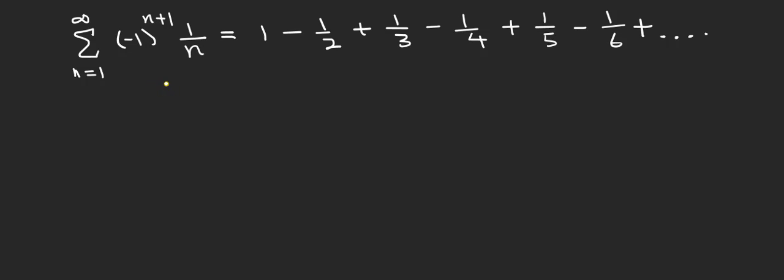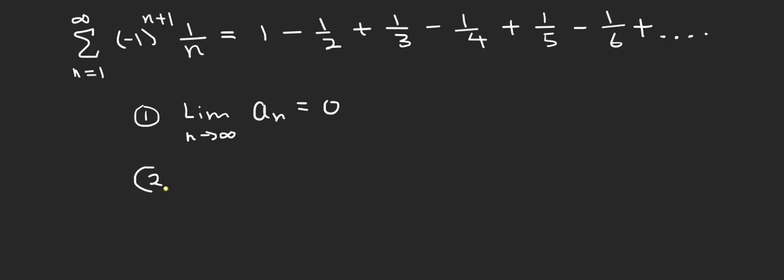So we have this alternating series which converges. By the way, there are two things you need to show for an alternating series to converge. First, you have to show that the limit as n goes to infinity of A of n equals 0. If it doesn't, then you know that this series diverges by the n-th term test.